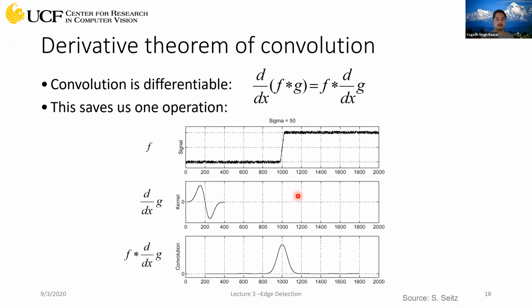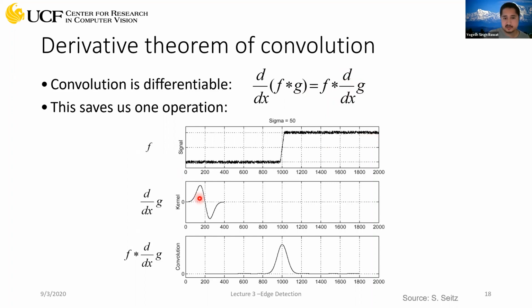Some of you might be wondering how we get this operation from this one. Note that this is not matrix multiplication or vector multiplication, in which case you would have to use the chain rule. You would have another term with g and then the differentiation of f. This is a convolution operation, so we are not going to prove this identity here, but that's how we can save one extra step.